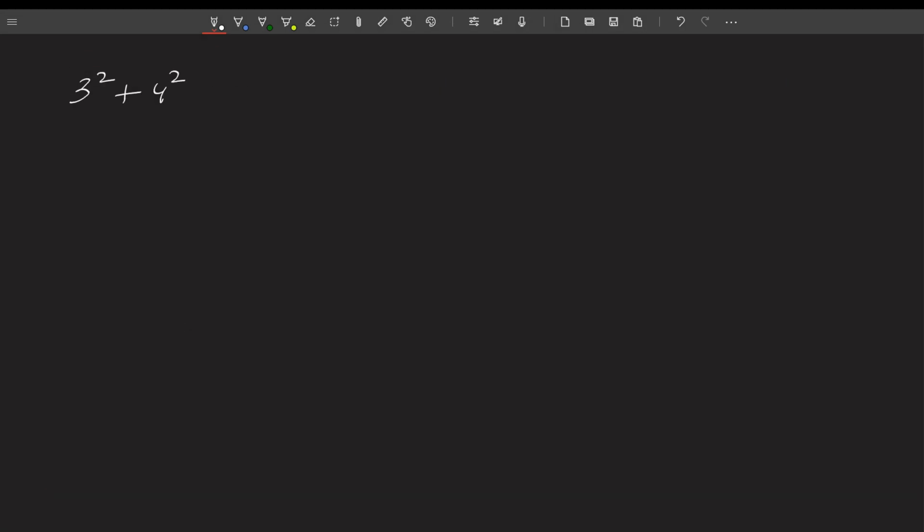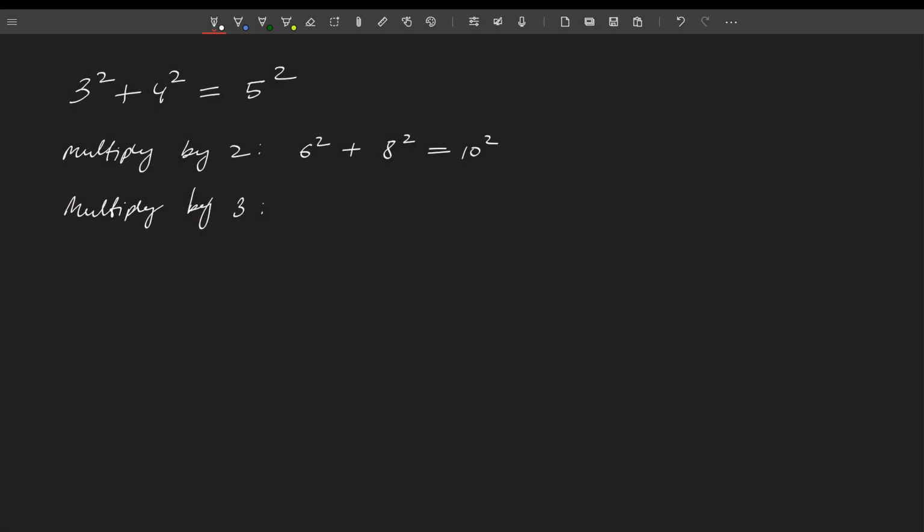Consider the primitive Pythagorean triplet 3 squared plus 4 squared equal to 5 squared. If you multiply each of these numbers by, let us say, 2, we get 6 squared plus 8 squared, which is equal to 10 squared. Similarly, if we multiply each of the original numbers by 3, we get 9 squared plus 12 squared, which is equal to 15 squared, another new Pythagorean triplet.